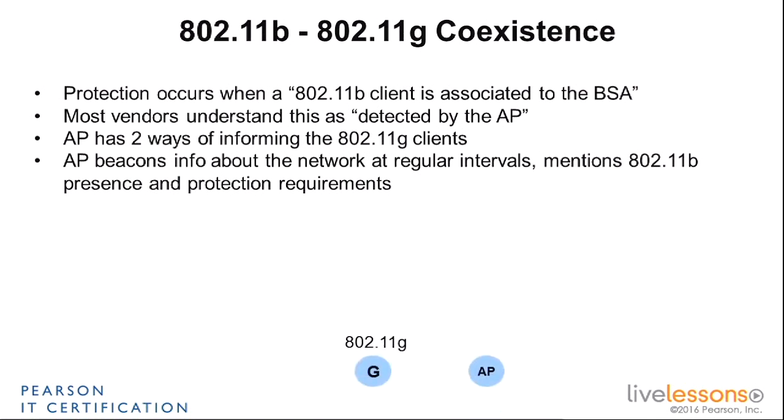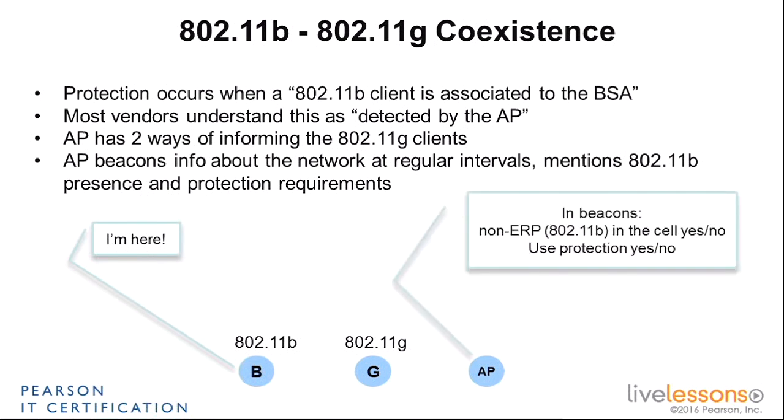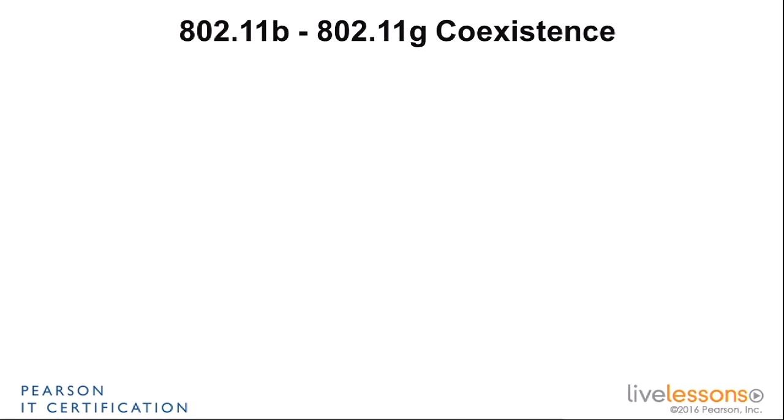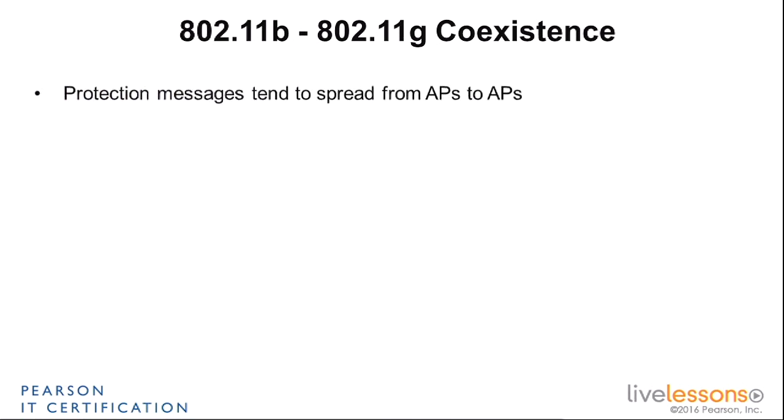So you have the G client, you have the access point here, a B client comes in, and suddenly the AP starts saying in the beacons, there is a non-G client, it's called non-ERP, that's the technical name for non-G clients, that's 11B. There is a non-ERP client in my cell, yes. You need to use protection, yes as well. Those two bits get set to 1. So as soon as you have that, G clients start wasting that time using the RTS, CTS.